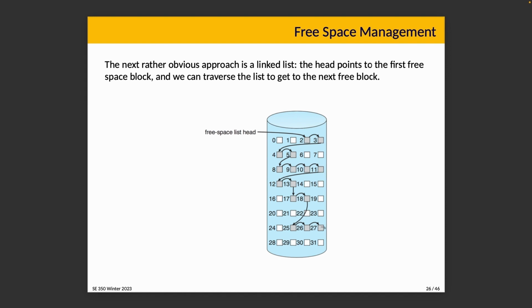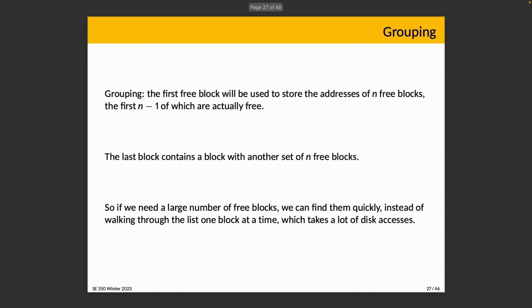And the next rather obvious approach then is, well, instead of having this bit vector, we'll just maintain a linked list of free blocks. Whenever we need to allocate a file, we'll just take it out of the linked list, and then there's kind of no problem, right? So to make that list a little bit more efficient, recognizing that potentially large areas of the disk are free, what we'll do is group them.